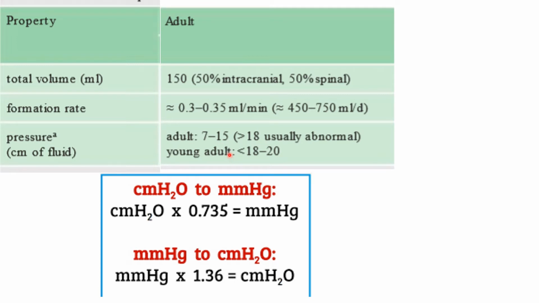Now, measuring the pressure of the CSF, we measure it either in centimeters of water or millimeters of mercury. This is the equation for how to convert any reading of the CSF pressure from centimeters of water to millimeters of mercury, or the other way around.